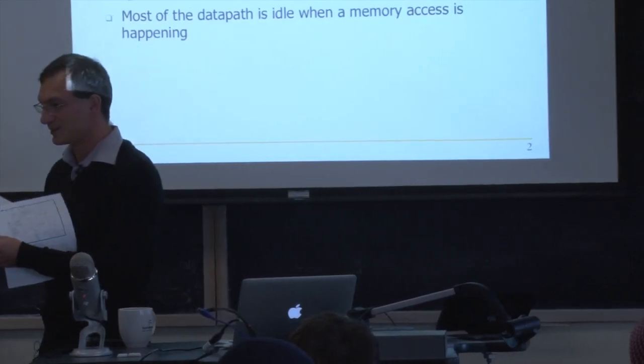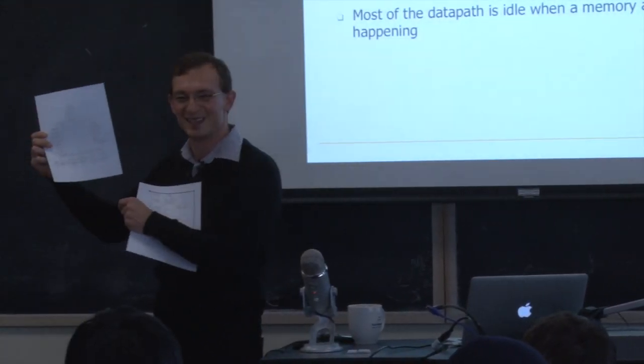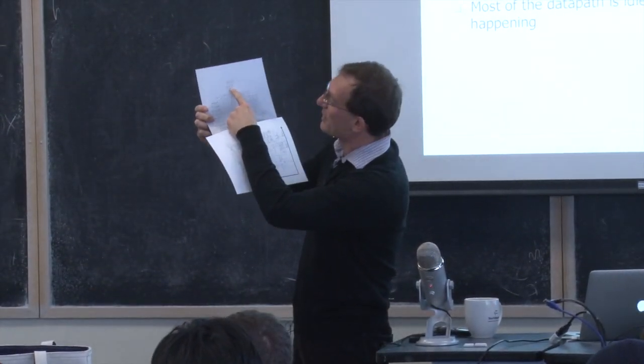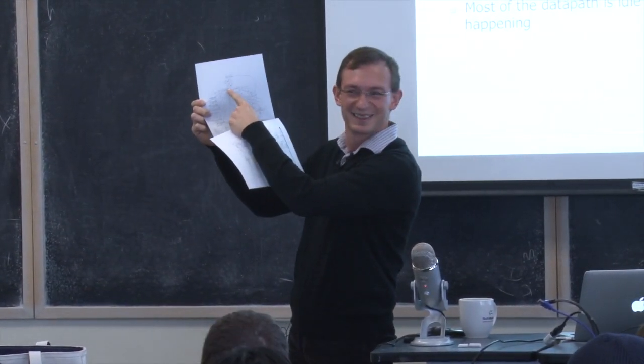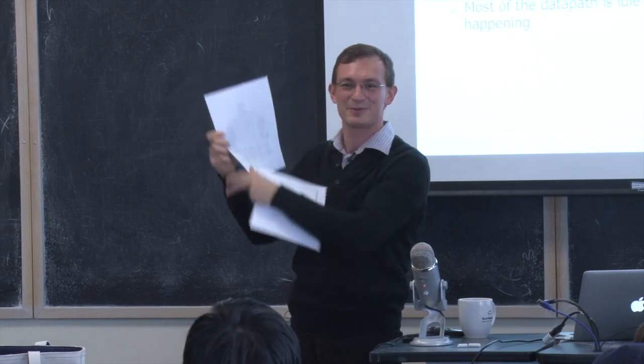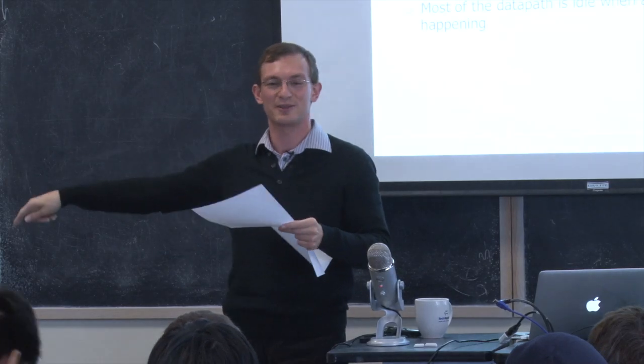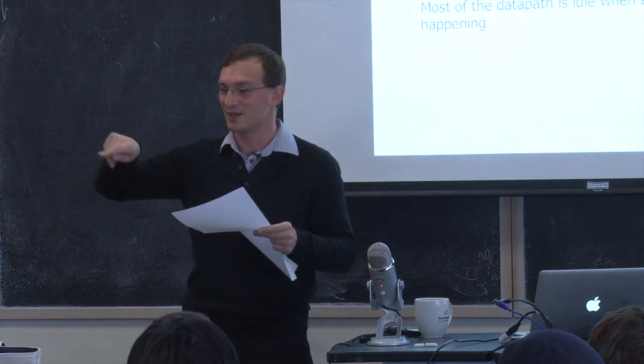For example, there's a state where we're waiting for memory. Remember state 33? We were waiting for memory to return data, and conditionally you go to state 35 or stay in state 33.